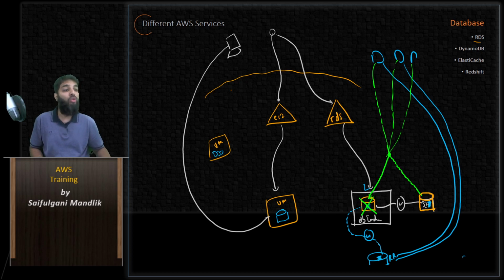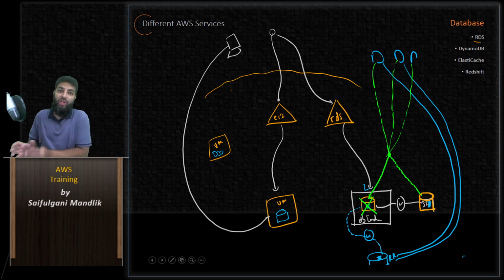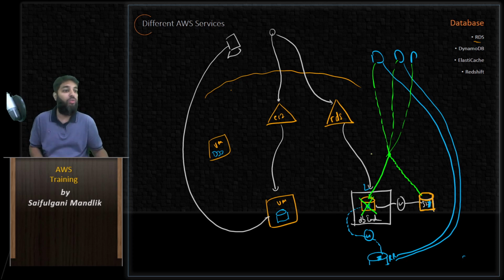Whereas when you compare your master with standby, you can never connect to both master and standby at a time. Your standby is a high availability solution, which means only when your master goes down, your standby comes into picture. All these capabilities are provided by the RDS service if you have created your database using RDS.